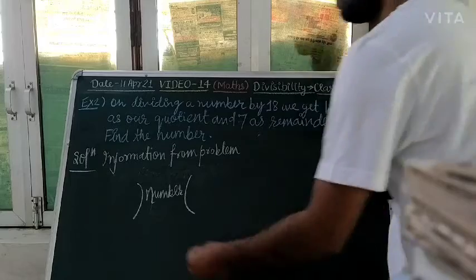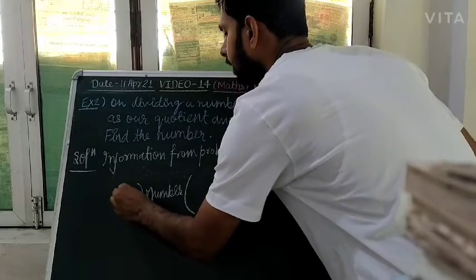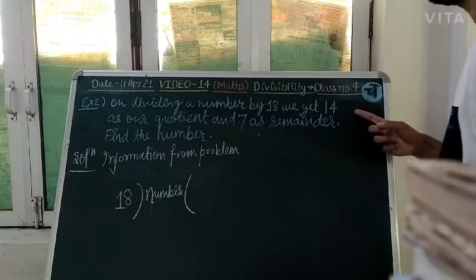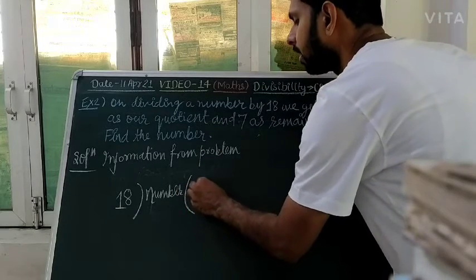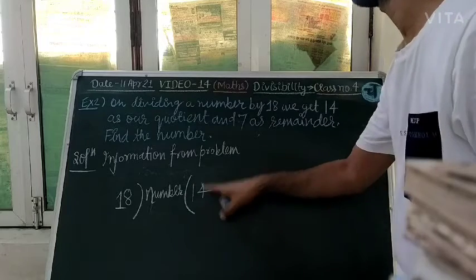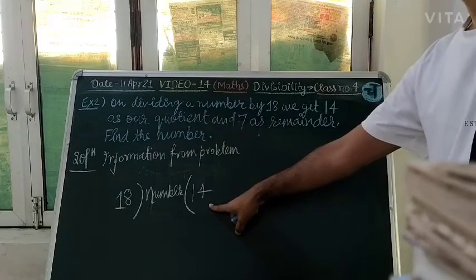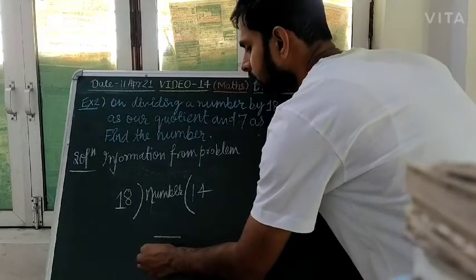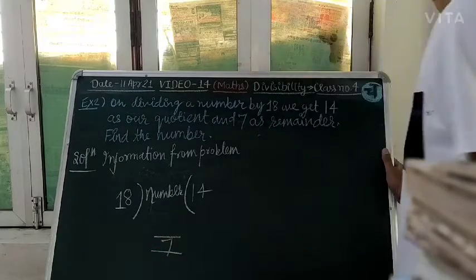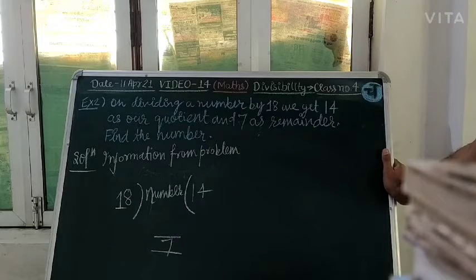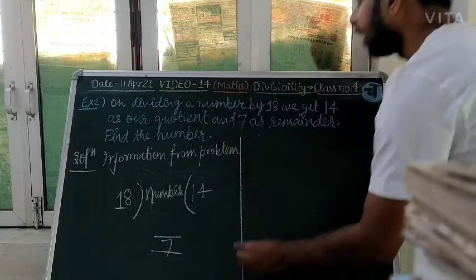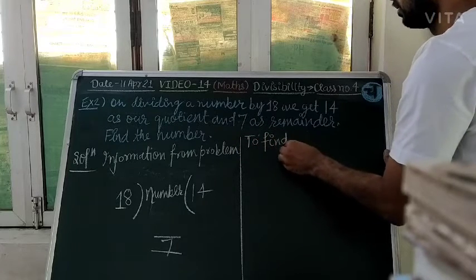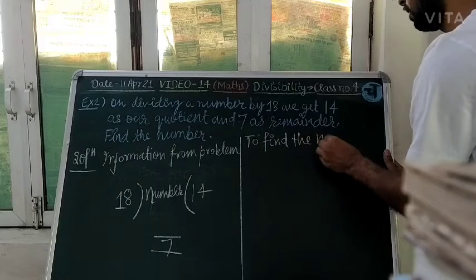That number we are dividing by 18 and we get 14 as our quotient and 7 as our remainder. Then the problem is saying to find the number.